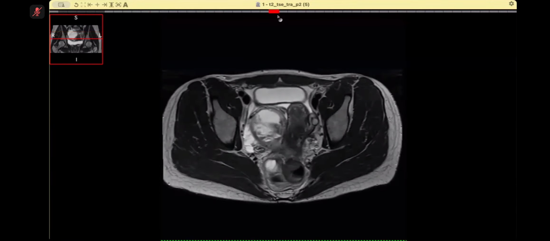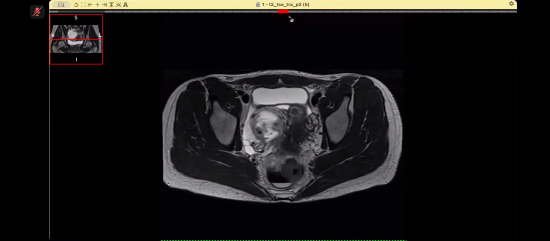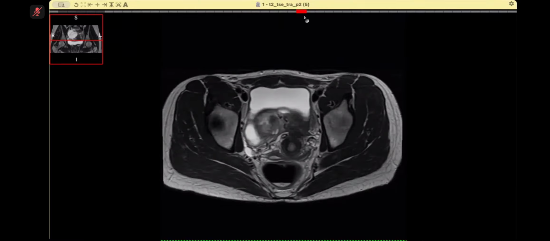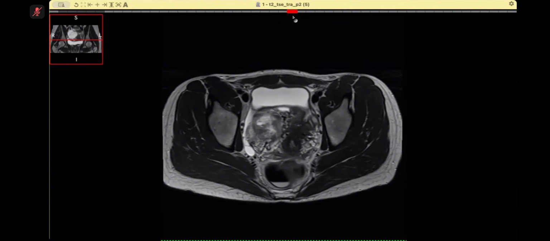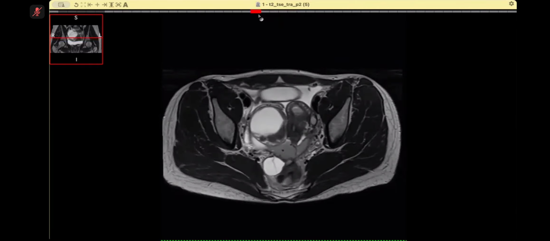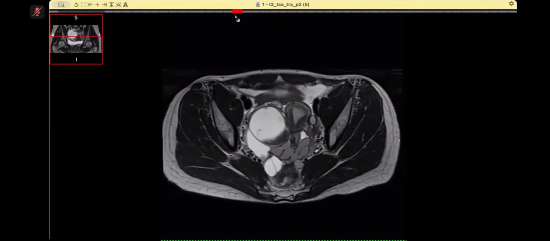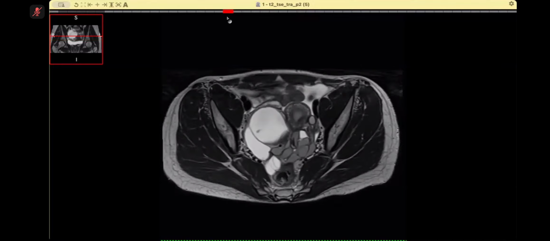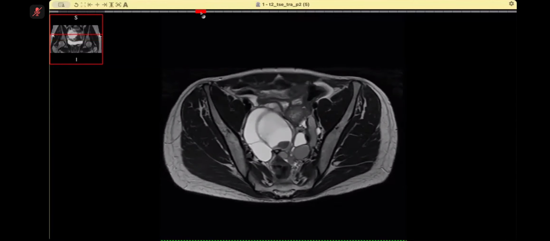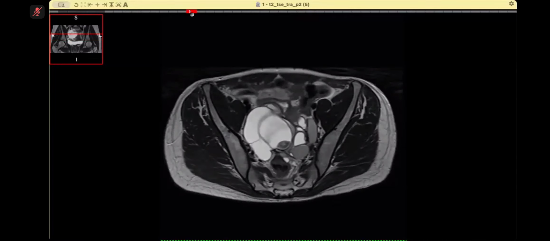Now scrolling through the images, multiple septations are also noted in this lesion, and there is also another cystic area adjacent to the ovary, which shows internal septation.